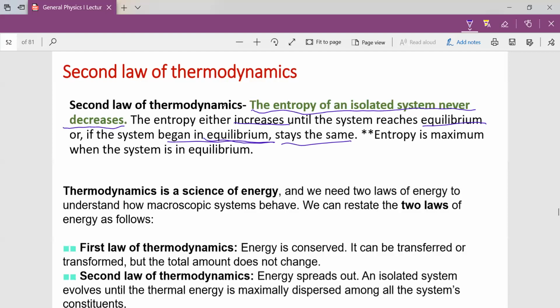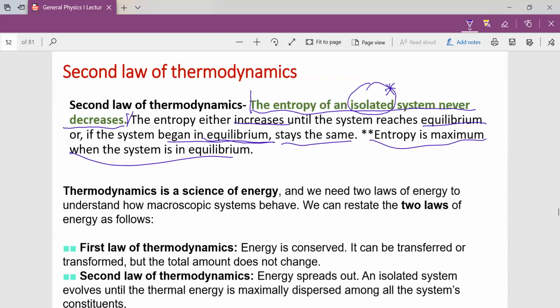So this definition also emphasizes what I've already said earlier: entropy is at maximum when the system is at equilibrium. Okay, we should take note of this statement because we'll keep expanding on it, applying it to the use of energy. That the entropy of an isolated system never decreases.